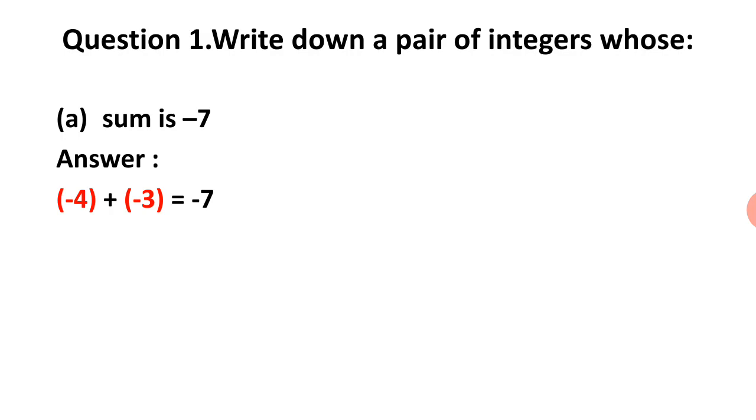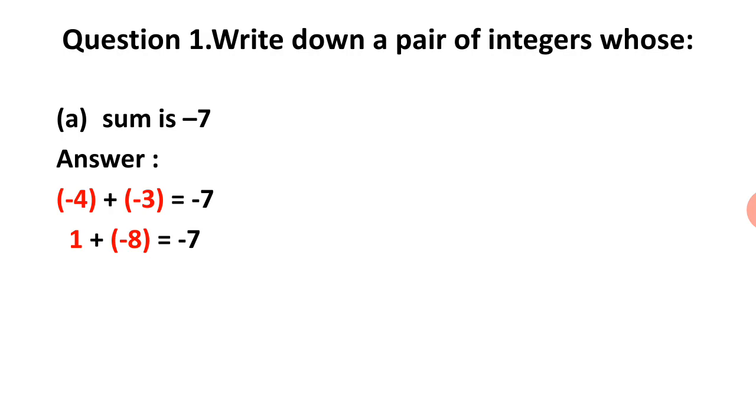Here we have selected the numbers to be -4, -3. Now when you solve it, -4 plus -3 becomes -7. This is one set of answers. There may be any other more answers available. This is another set of numbers, 1 plus -8.